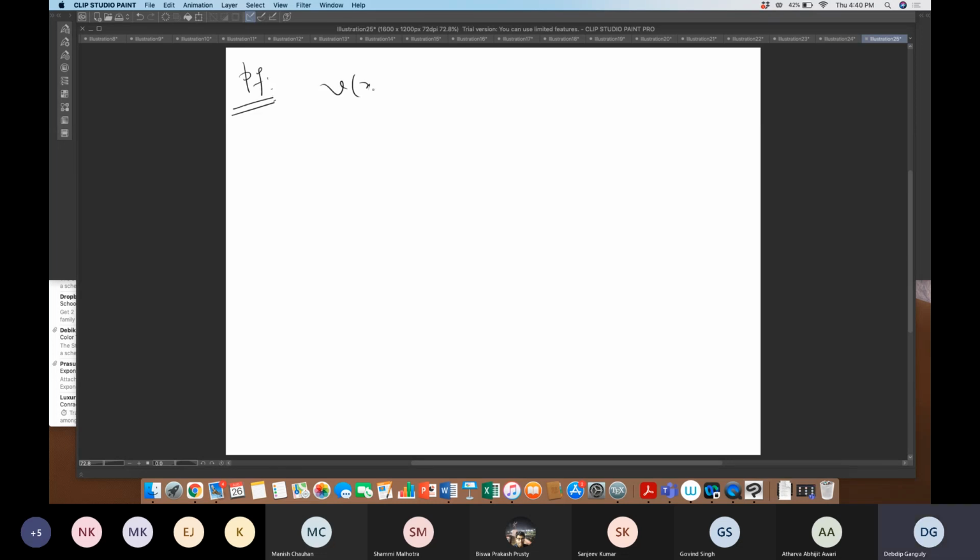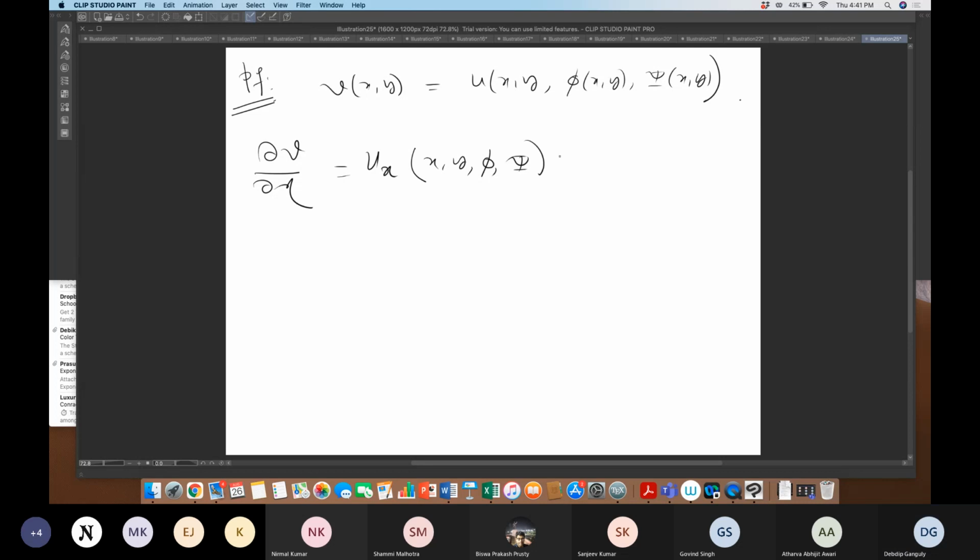What is V of xy? U of xy, phi of xy, psi of xy. Yes. What is del V by del x? This is u_x at the point (x, y, phi, psi) plus u with respect to a1.